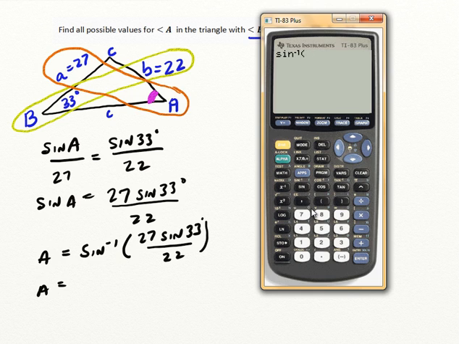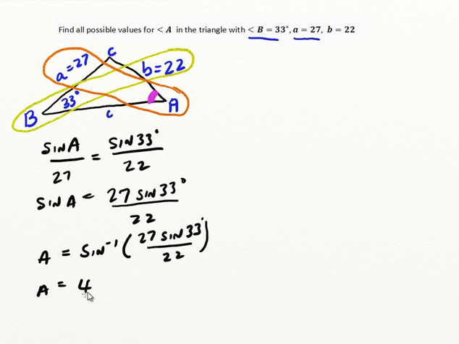Second function sine gives me the inverse sine of 27 times the sine of 33 degrees, and we're going to divide that by 22. Hitting enter gives us a value of 41.945. So 41.945 is the measure of angle A, and we're just going to round that to 42 degrees, and that will be angle A.